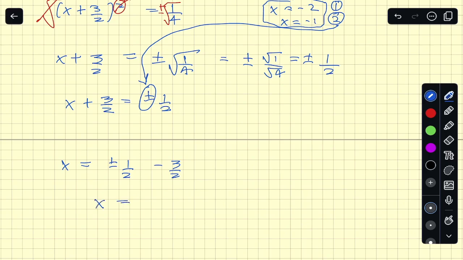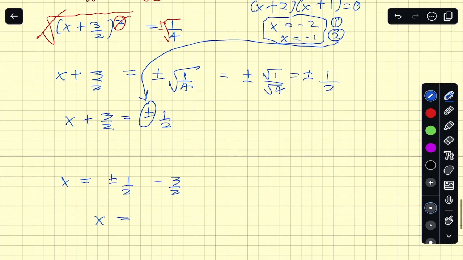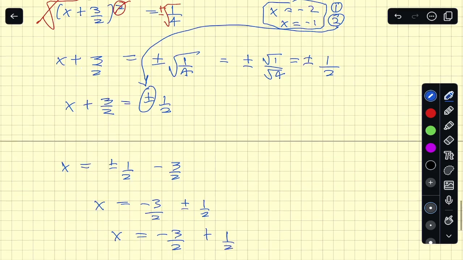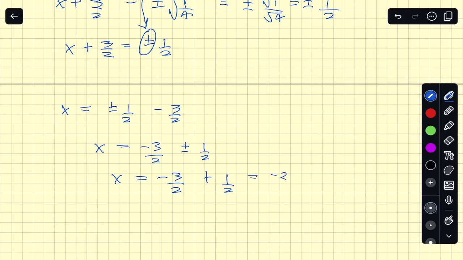Let's see if it makes sense with our initial answer. Because I can solve this now, and I can rearrange it so it's a bit neater. Minus 3 over 2, I'm going to put it there, and I'm going to do plus or minus a half here. So, our first solution, I'm going to take the positive case of a half. Minus 3 over 2 plus a half equals minus 2 over 2, which is minus 1.